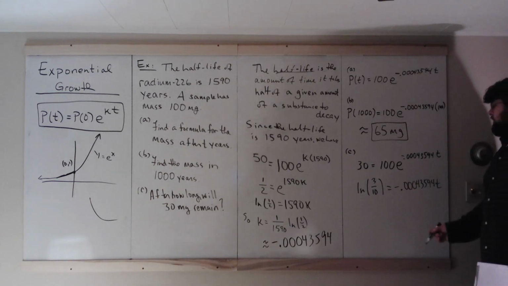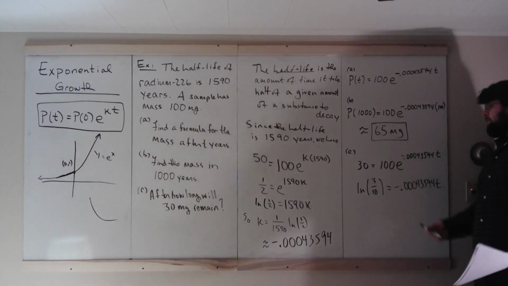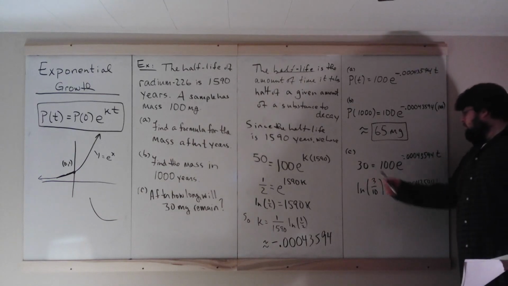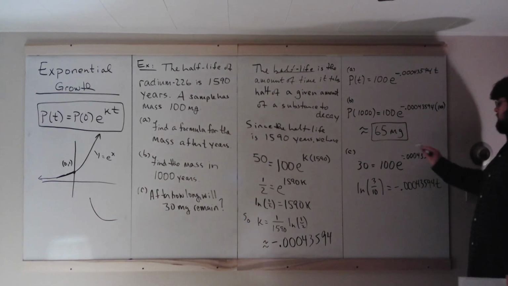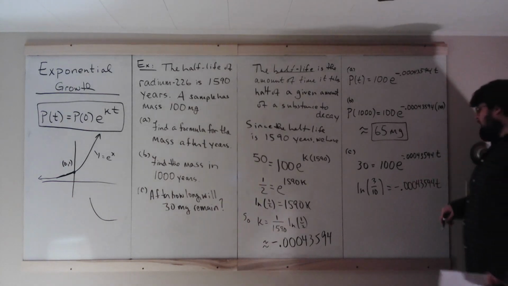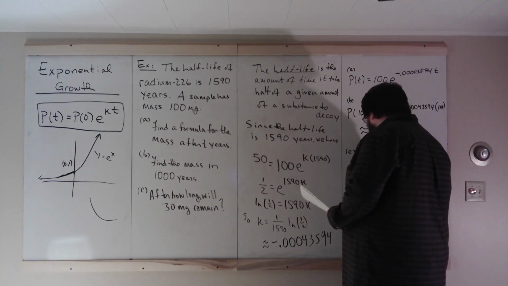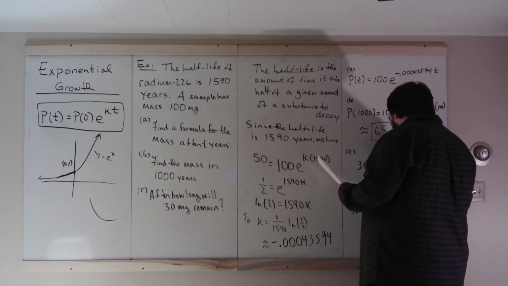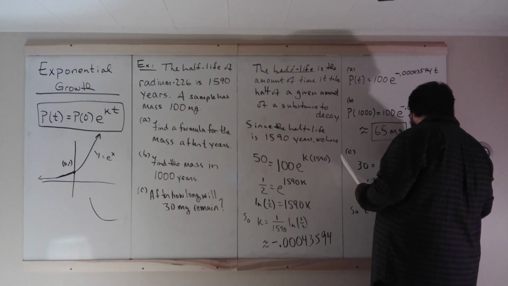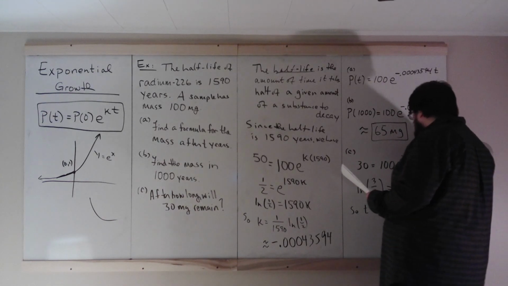I did 2 steps here. Divide by 100, that reduces to 3/10. Take a log to get rid of the e. So you get log of 3/10 equals just this exponent. Divide by that number, and you get t is approximately equal to 2,762 years.